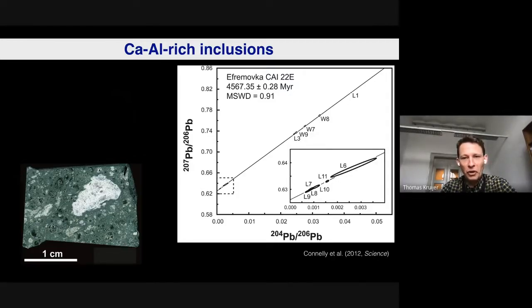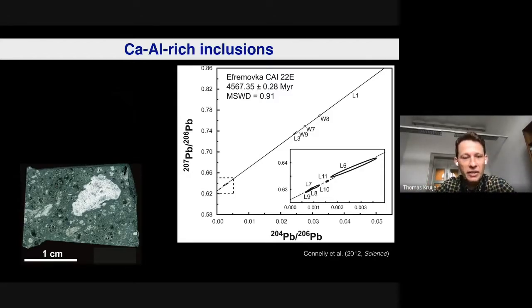How this works, I will not go into detail about, but basically the summary plot is shown here to the right. This is a lead-lead isotope plot, showing you different isotopes of lead, and you can measure different components of such an inclusion and obtain a so-called isochron. And if you then calculate the slope of this isochron and the intercept, you can obtain an age.